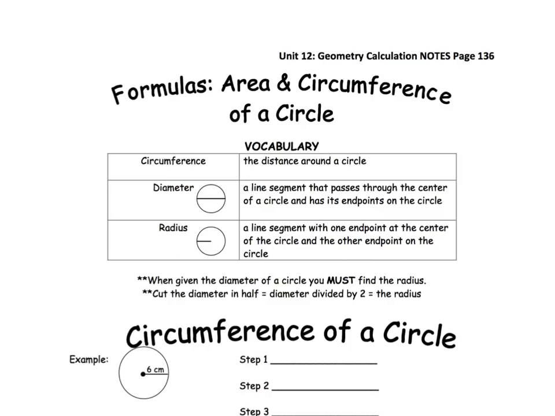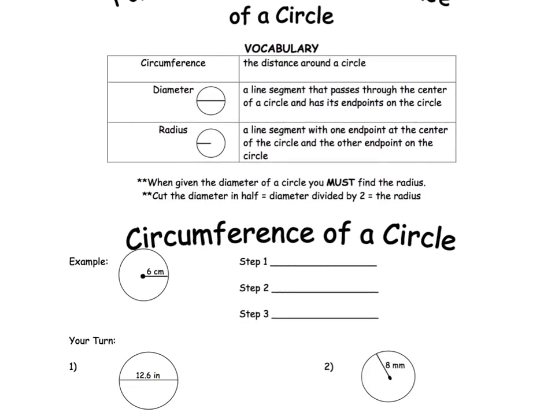Now let's apply the definition and formula of a circumference to a few examples. Example 1. Find the circumference of a circle that has a radius of 6 centimeters. Step 1. Write out your formula. C equals 2 pi r. Step 2.